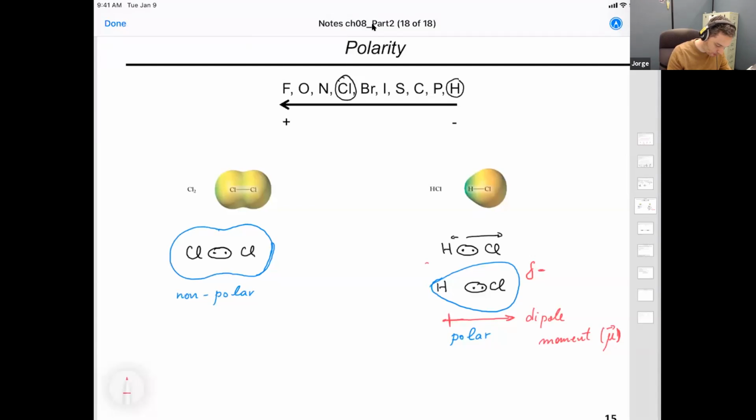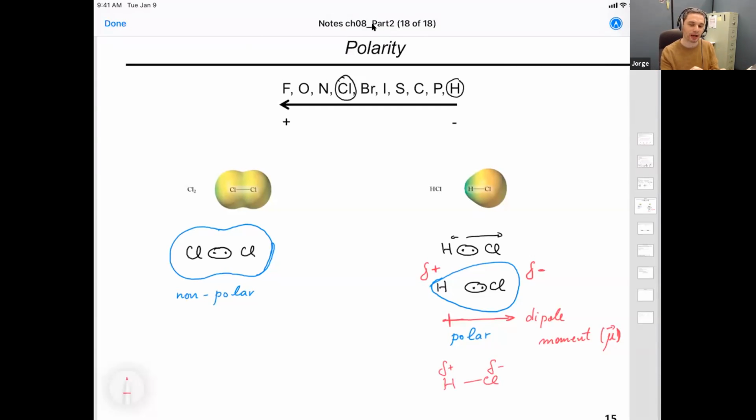And on the other side, that you have low density of electrons is going to be a delta plus. Okay, so we can write HCl and delta minus at the chlorine and delta plus at the hydrogen. And that tells you that this compound is polar. Okay, so there is a polarity in the molecule.